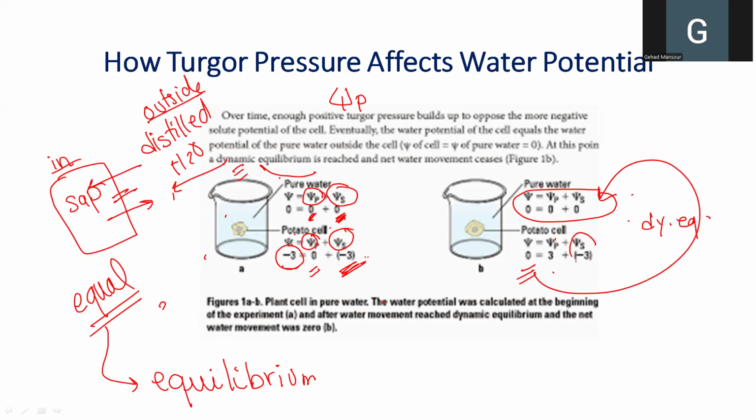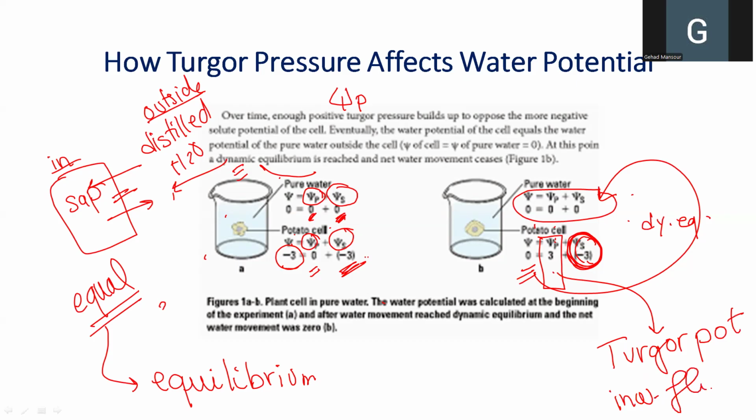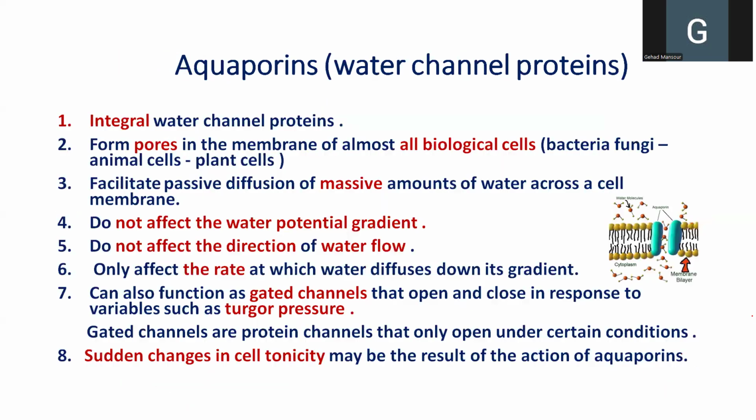And this is just because while the solute potential stayed as it is, -3, there has been a significant increase in psi p, which is the turgor potential, and that significant increase resulted from the inward flow of water by osmosis.